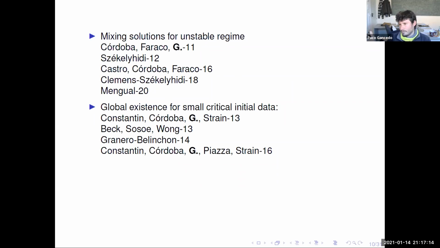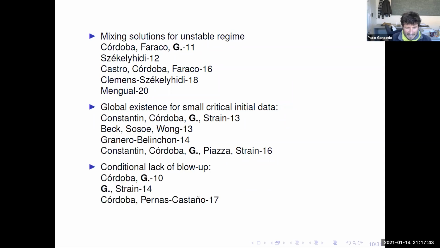You have other norms, for example in 2D, the homogeneous Sobolev H 3/2, or you can pick your favorite space. There are several of them, but the one that lets me understand everything and have it clear is the slope in L infinity. So you have well-posedness in the critical setting.